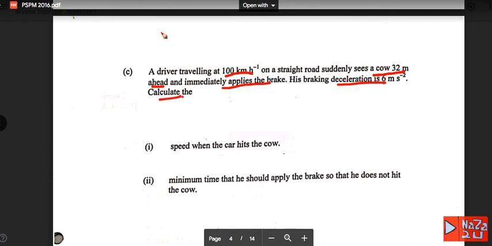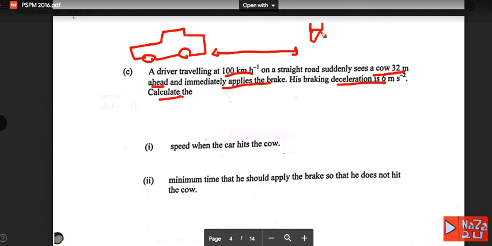So if you draw the situation, let's say this is the car, with the velocity, and this is the distance here between the cars.